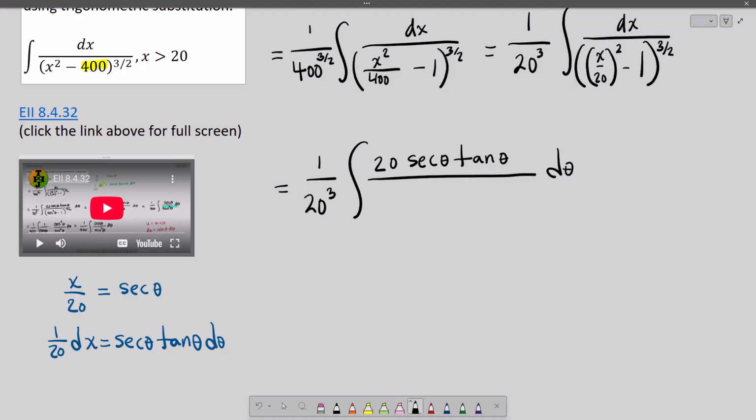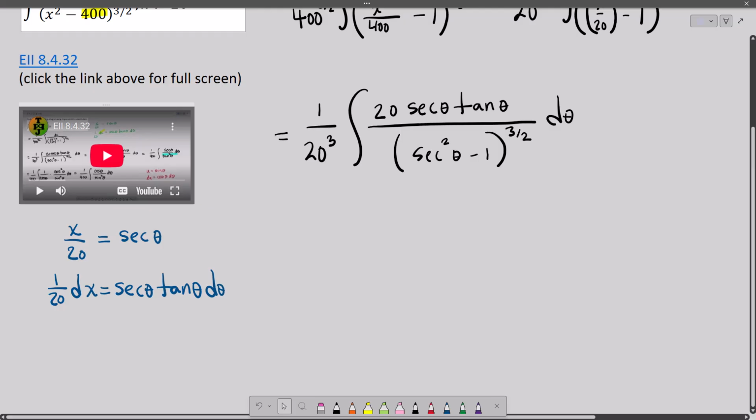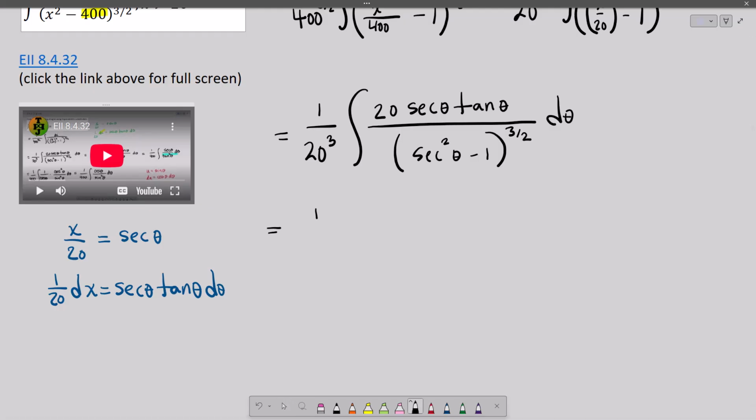And then down under, we've got secant squared minus 1 raised to the 3/2 power. One of the 20s cancels for sure. So we are left with 1 over 20 squared, which is 1/400.